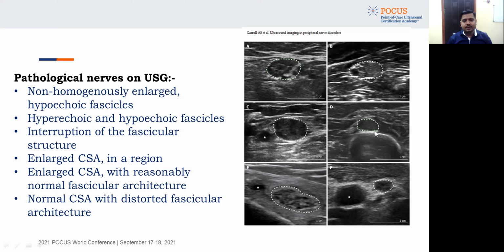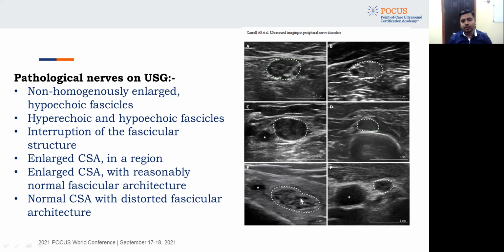At times, the nerve may show increase in the cross-sectional area in a given region and the rest of the nerve may be normal. In a limited region, it may show altered echo texture and the rest of the nerve may be normal.